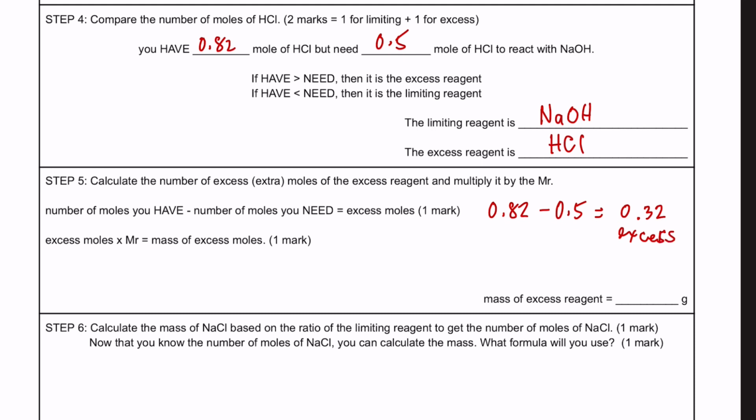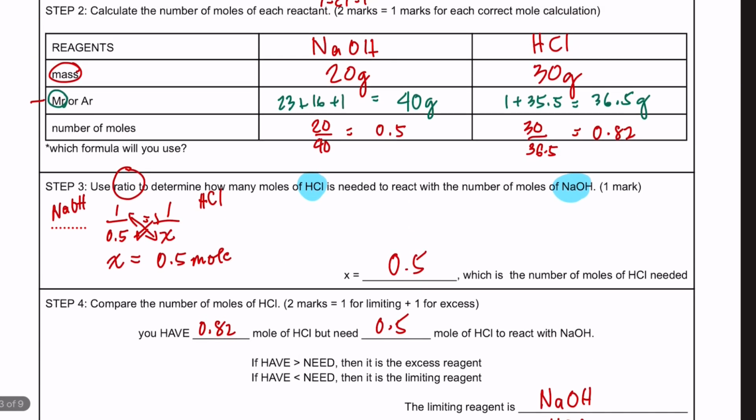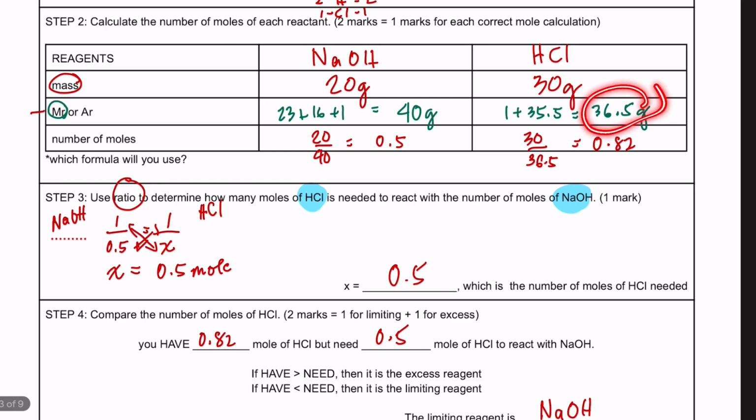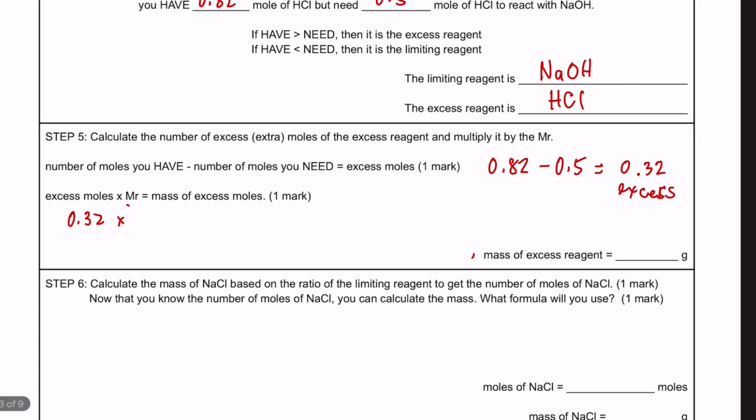Now, how do we calculate for the mass? So we know the mass of excess moles is 0.32 times the molecular mass of hydrochloric acid, which is 36.5 grams, which will give you a total of 11.68.